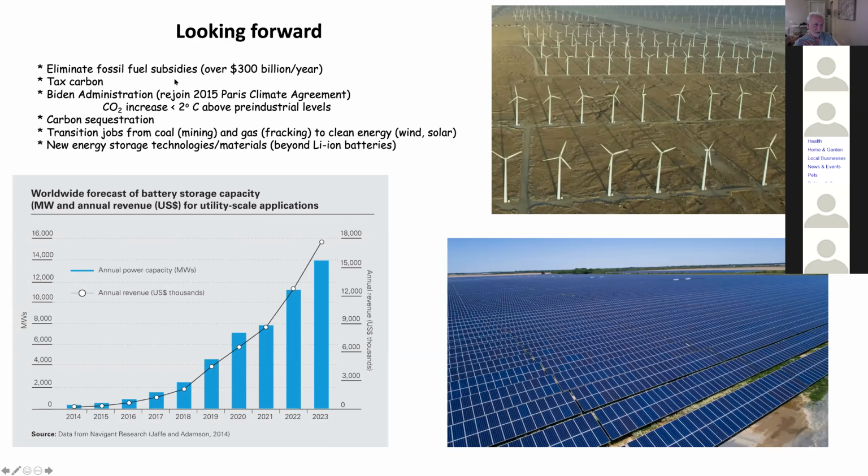So for example, the US government subsidizes the fossil fuel industry over $300 billion a year. For what? If this money were going into improving the efficiency of non-combustible energy, it would make a huge difference.